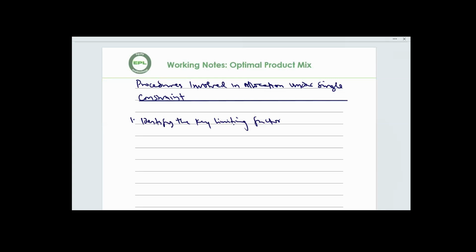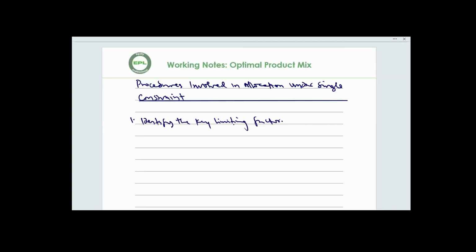Is it that material is not sufficient? Is it that labor hour is inadequate or machine time is not sufficient? Just go into the question and identify the key limiting factor. Under optimal product mix, only one factor of production will be limited in supply.